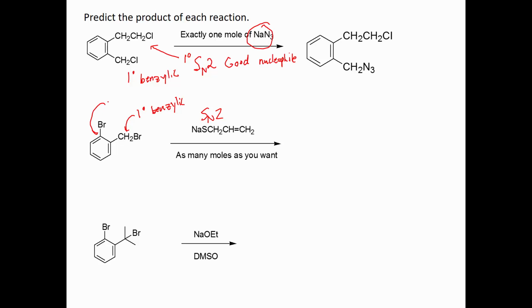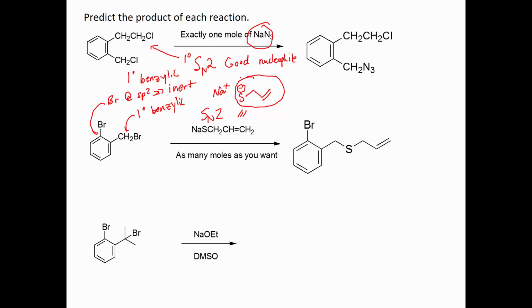This is bromine at sp2 carbon, and remember that this type of halide is inert in the SN2 reaction, so we can only reasonably expect this reaction to occur right there. Okay, remember that we have to regard this as being an ionic compound. So of the two species, Na plus versus its counter ion, that's the most important part of this. And this produces the product that you see here.